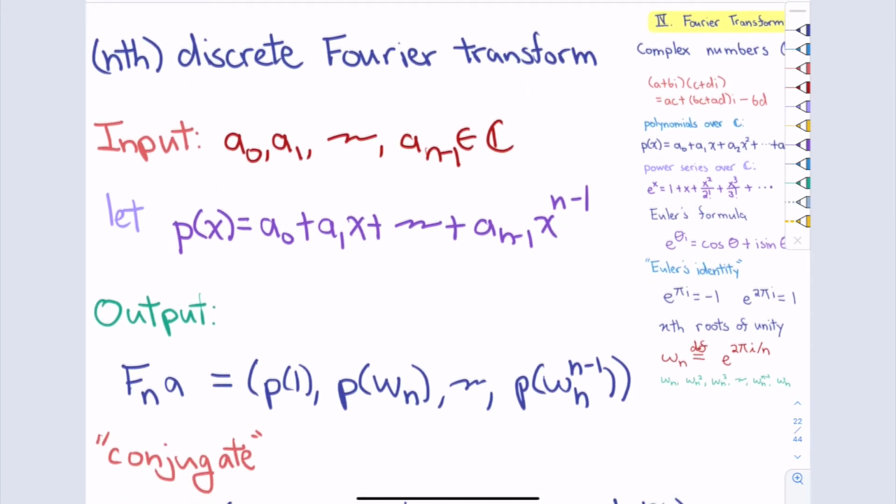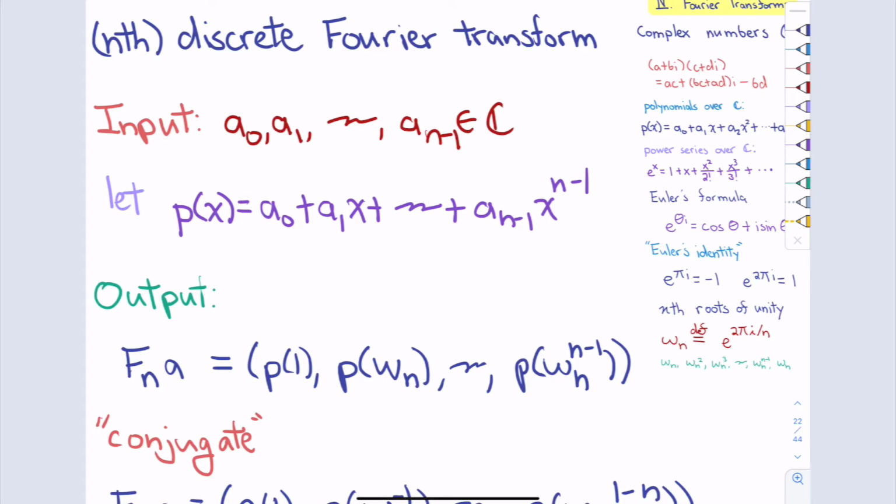What is this Fourier transform? The input is n complex values, and we're going to think of that as coefficients of a degree n-1 polynomial. You just give me n values, but I'm interpreting it as encoding a polynomial.